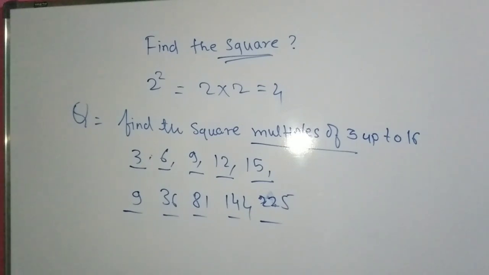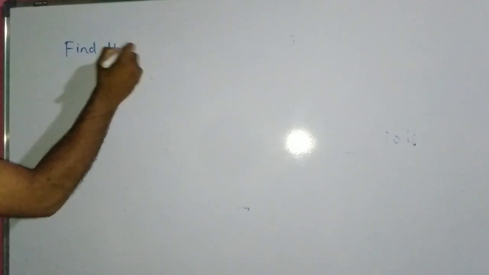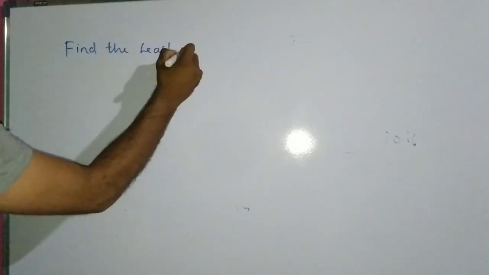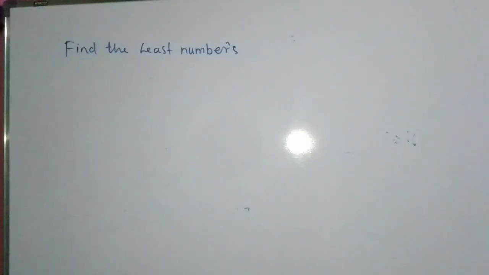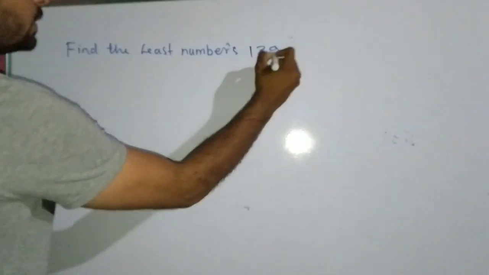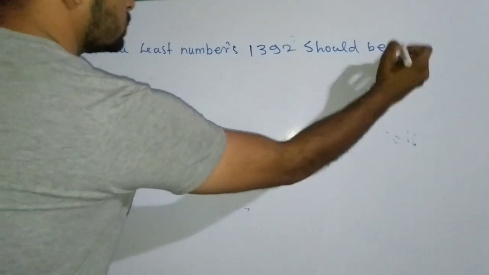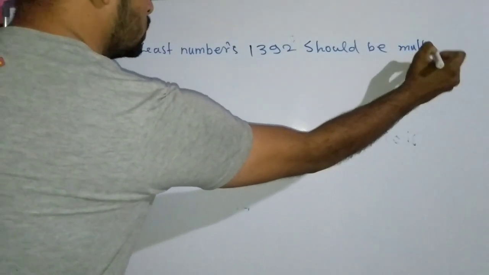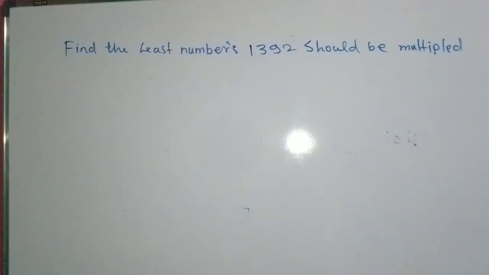Our next question. Find the least number by which 1392 should be multiplied to make it a perfect square.